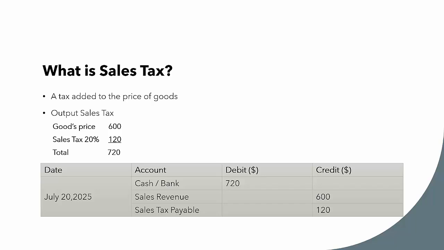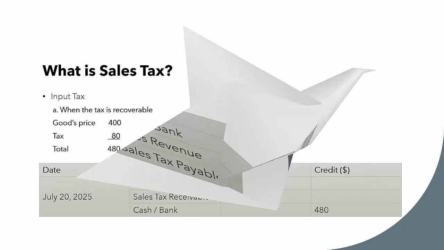So, to sum it up, the business records $720 as money received. Out of this, $600 goes into the sales account. The remaining $120 is recorded in a separate sales tax account because it is owed to the tax authority.